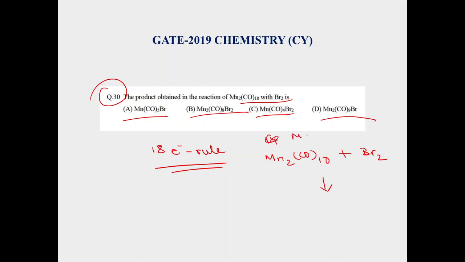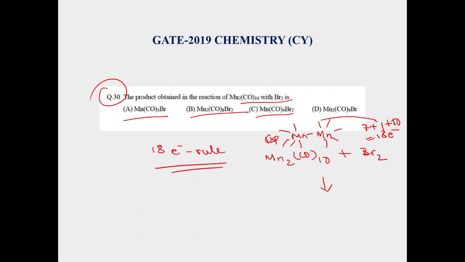Mn2(CO)10 has 5 CO on each manganese. Mn gives 7 electrons, one from the bonding between the two manganese, and all CO give 2 electrons each, so 2 times 5 is 10. So it is an 18 electron system, and it will give an 18 electron complex as the product.